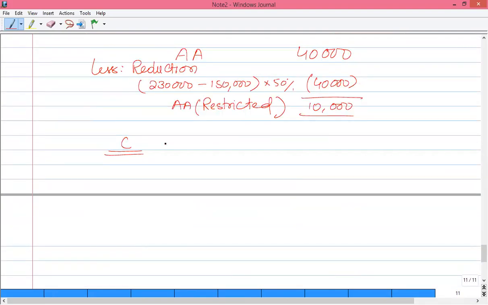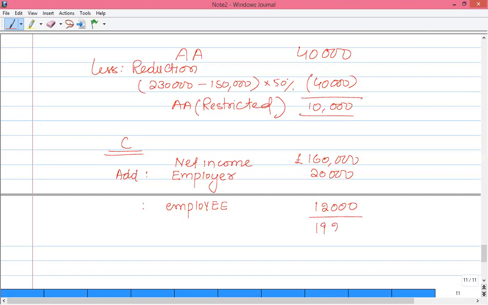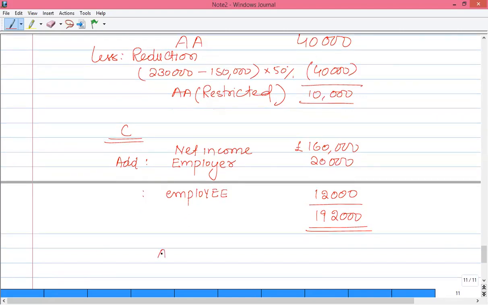Now, as far as the third employee is concerned, taxable employment income is 160,000, and to that we add employer contribution, which is 20,000, and employee contribution, which is 12,000. It becomes 192,000 total adjusted income. Annual allowance value is 40,000.